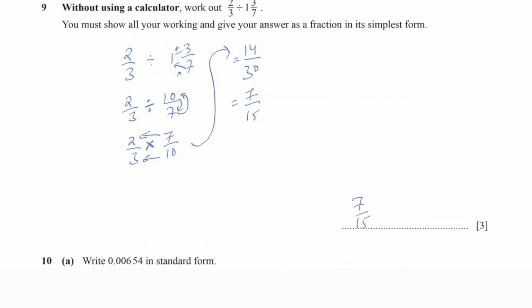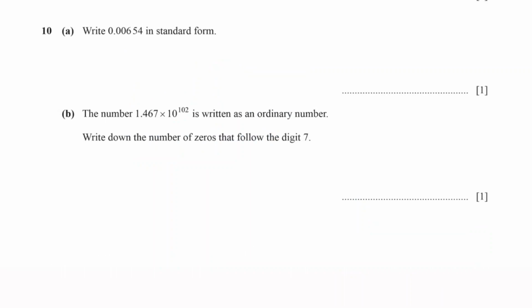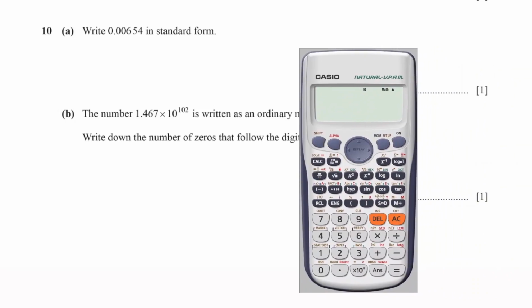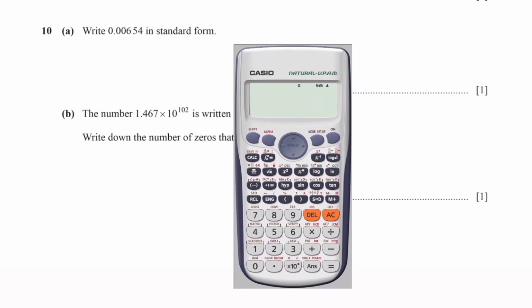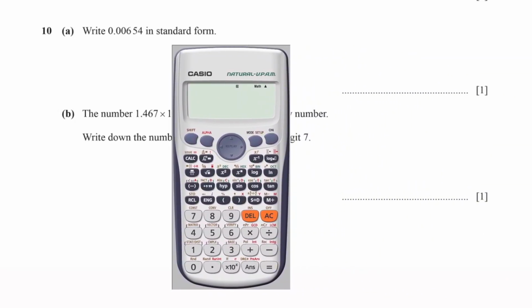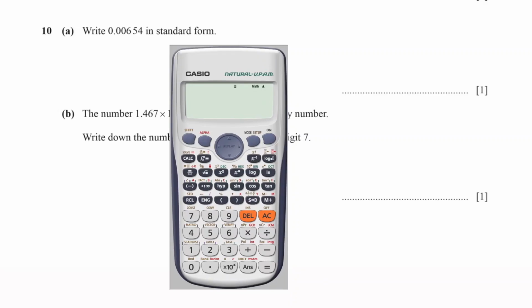Okay, let's move on. Question number 10. Write 0.00654 in standard form. Let us understand this using the calculator first. So I'm taking out the calculator here. Before using the calculator, we have to change the mode.